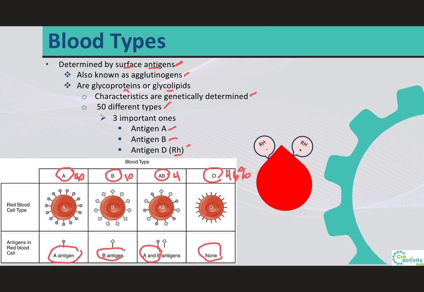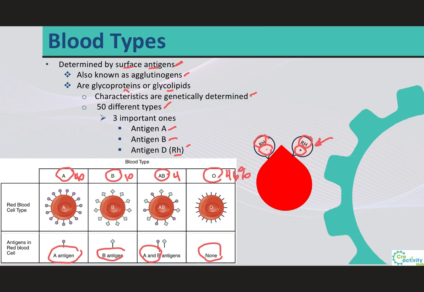Now, the presence of the D or the RH antigen, sometimes also called the RH factor, is going to be indicated by the terms RH positive, as we see over here, or RH negative. This means that if they have the RH antigen, it is said that they are RH positive.